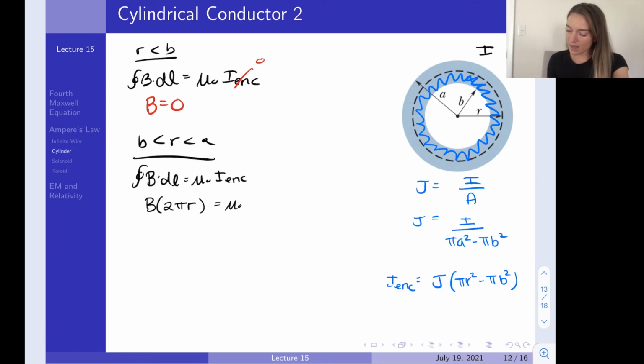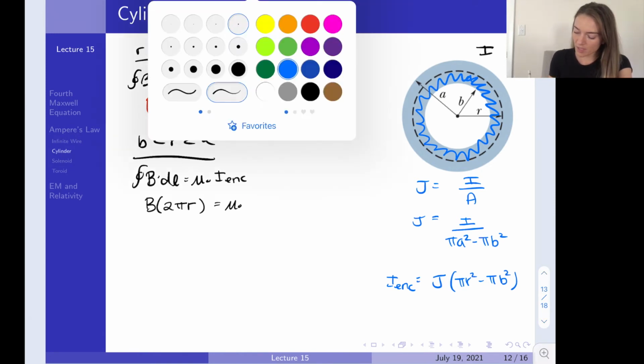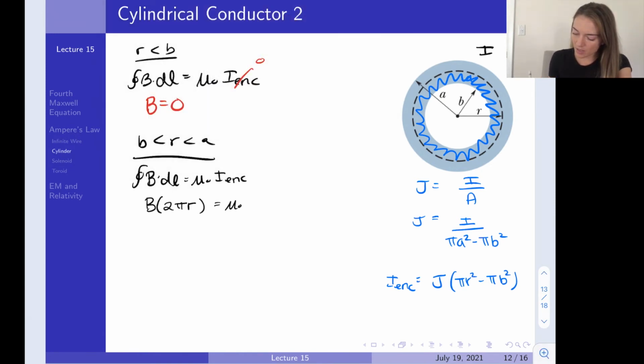So now this is my I enclosed, so I can plug this form for J right in here. So I'm going to have J, which is I over pi a squared minus b squared, and then times pi r squared minus b squared. I just factored out a pi from each of these to make it simpler.